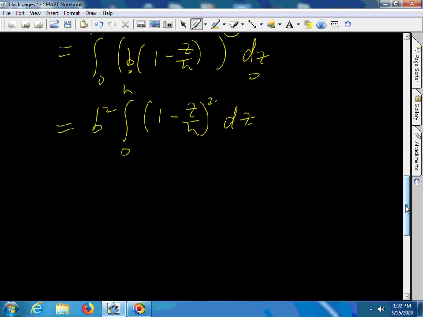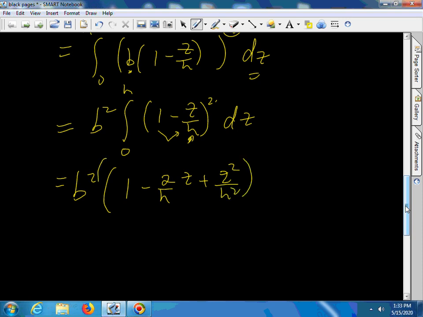For some reason, I am going to square it. So you get 1 squared minus the product, which is z over h times 2, 2z over h, plus z over h squared, which is z squared over h squared. Integral dz. This is b squared.